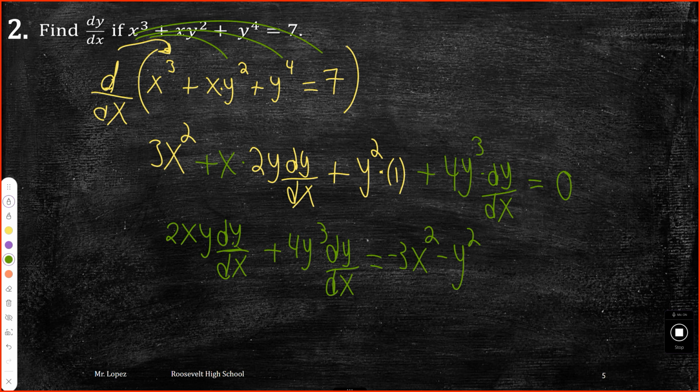Can you factor out dy/dx? Yes, you can factor out dy/dx. If I factor out the dy/dx, what's going to be left over? 2xy plus 4y cubed. Yes. And now we've gotten the dy/dx by itself.